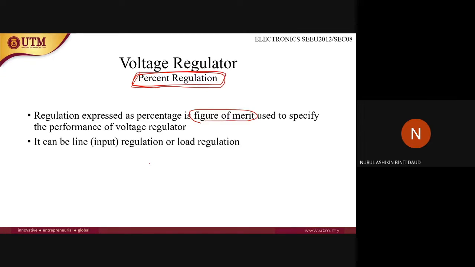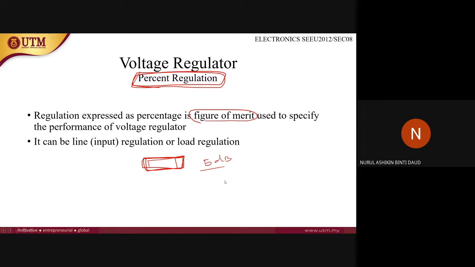For example, the figure of merit for some device. You want to calculate the loss, so we will say that the figure of merit of the device is around 4 dB loss. This is the standard value to show the loss of this device.